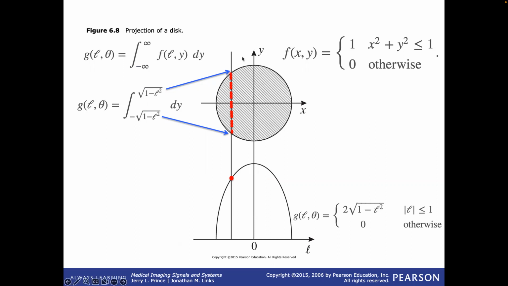So if I take that integral and calculate the length of that line as a function of x as I move across here, for any angle I can figure out what g(L, theta) is analytically. So now I could have noisy points along here and just fit them to this analytical function, and get a really nice estimate of this object, if I know a priori it's a circle.